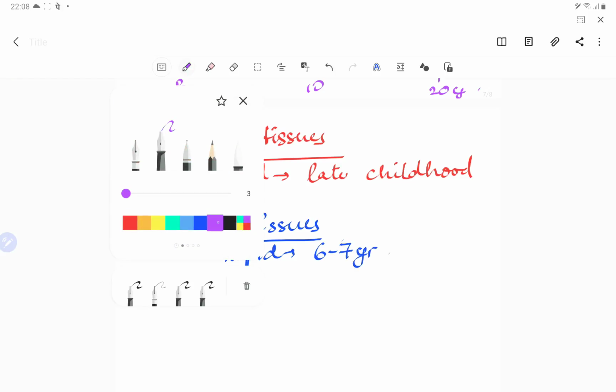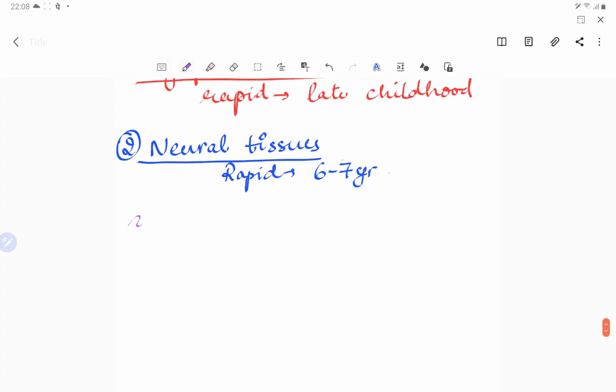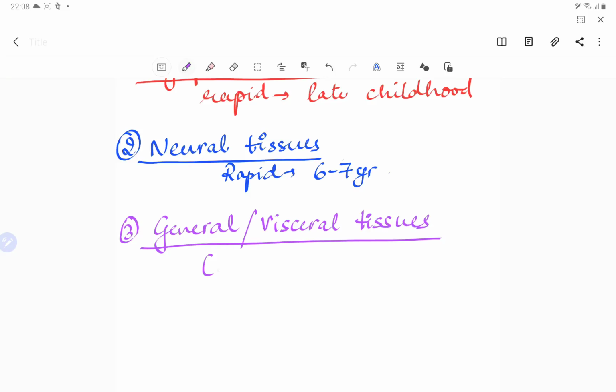So the third one we have is the general or the visceral tissues. In these tissues there are bones, muscles and all. So it forms an S-shaped curve.